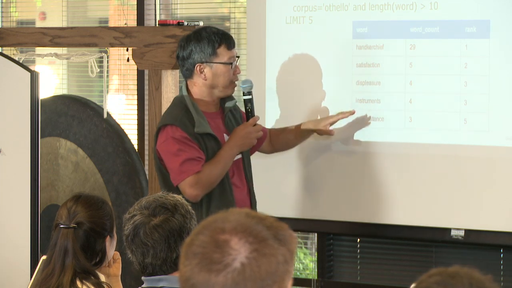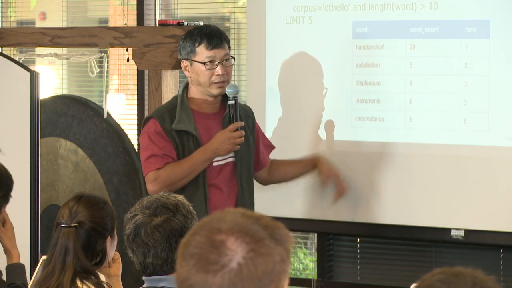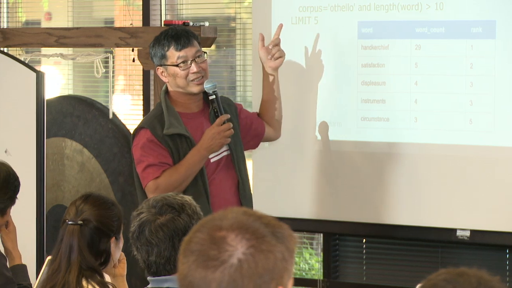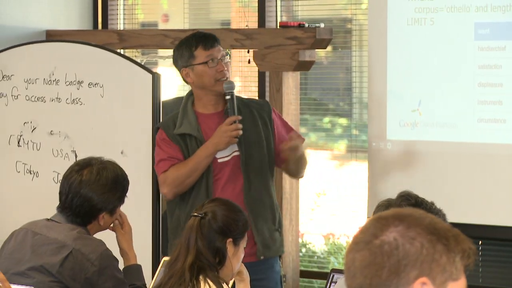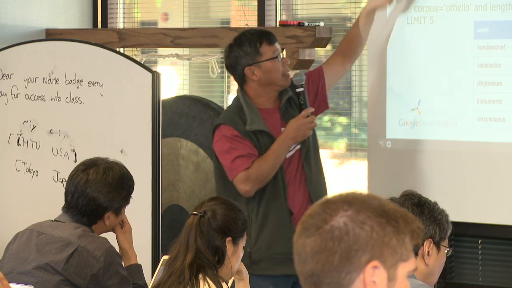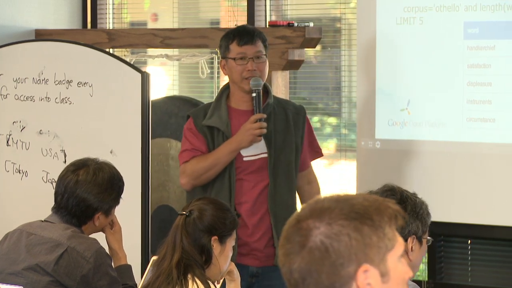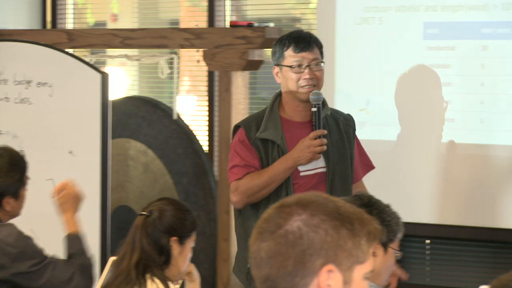And then you will see all his other works, and you will see the ranking. So you can try this actually. If you have BigQuery up, you can just run it, remove this one, add your corpus here, and you will see the result. So I think that's the easiest way.